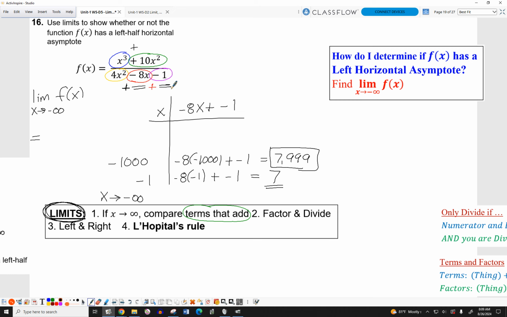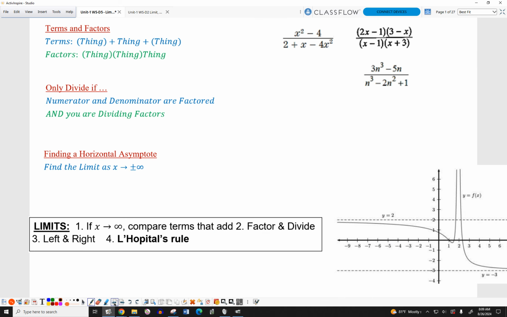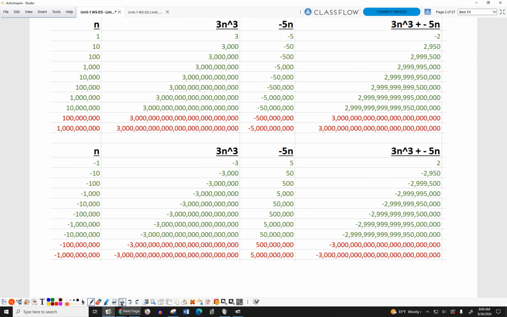And it's hard to do that one by hand, so I did a table here that you can look at in hopes that this would help your memory. So this says n, but think of it as x. N is becoming increasingly negative. Here's negative 5 times n. Shows how that gets bigger and bigger.